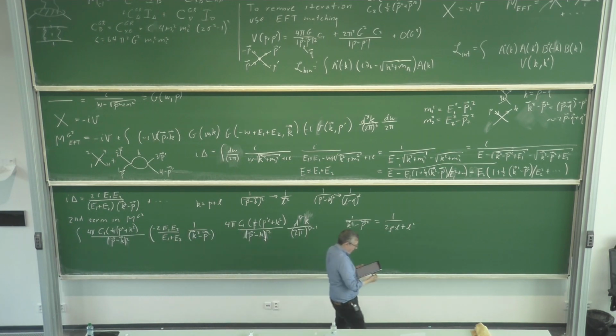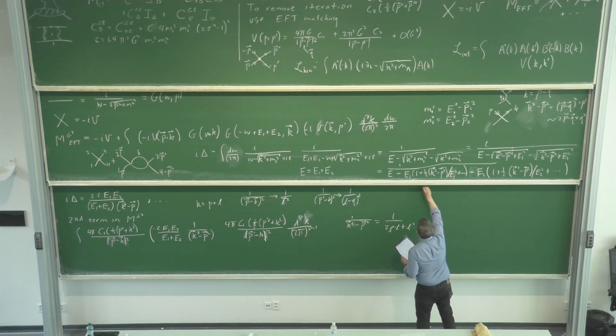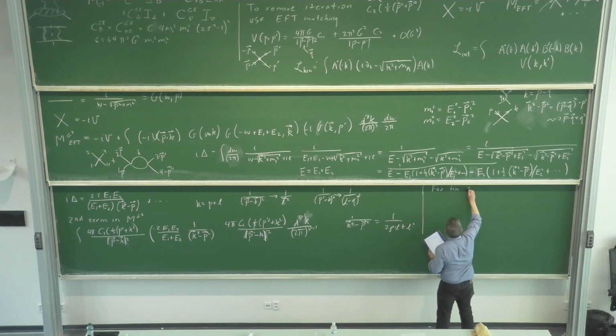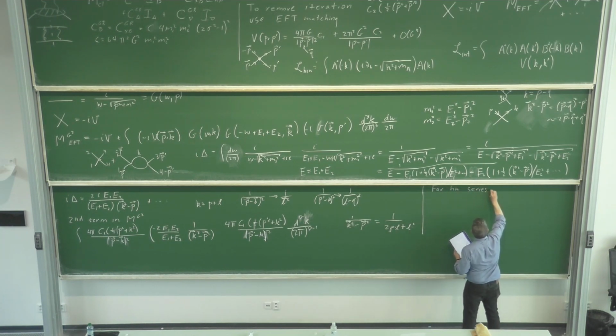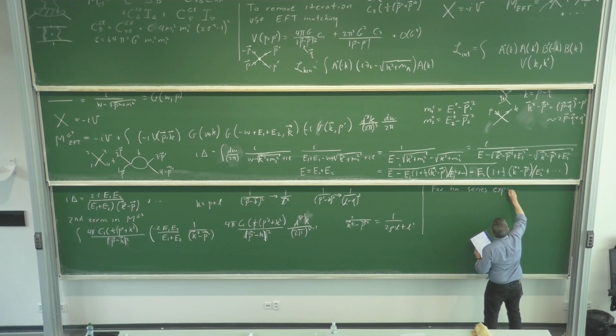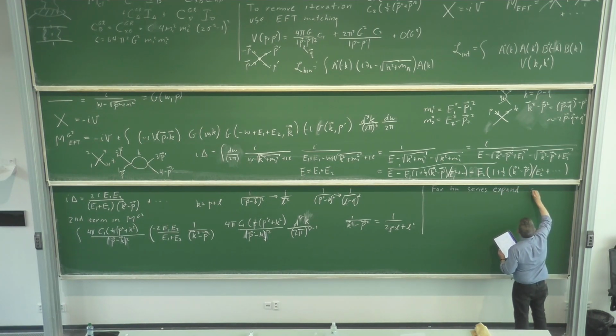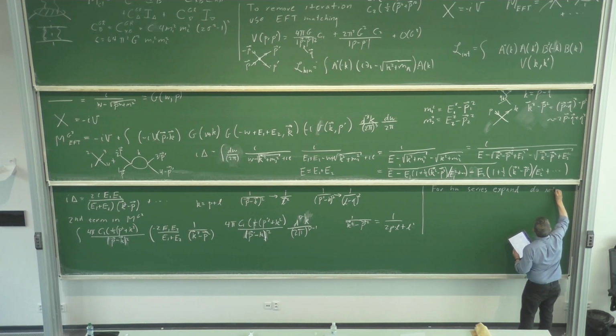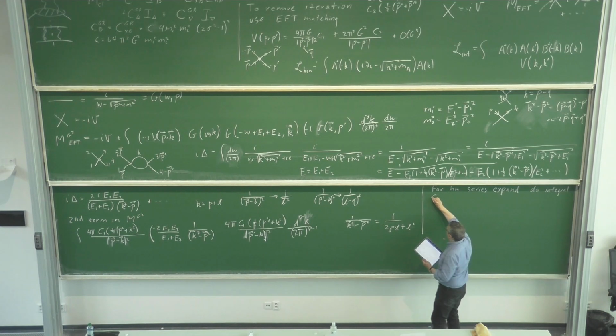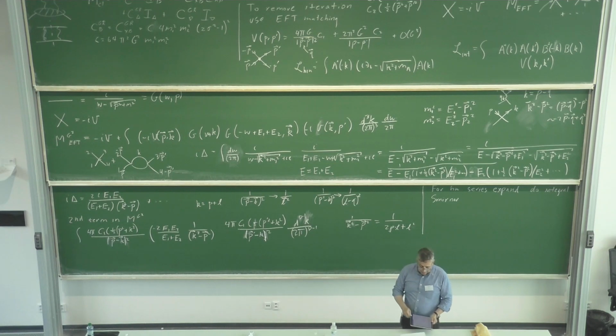And let me actually give you the answer. So for homework, series expand, and then do the integrals. If you don't know how to do the integrals, there's a book, Smirnov, basically on Feynman integrals. He'll tell you the integral.